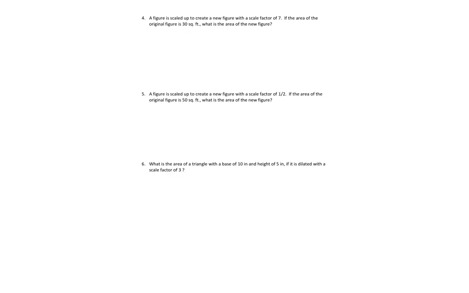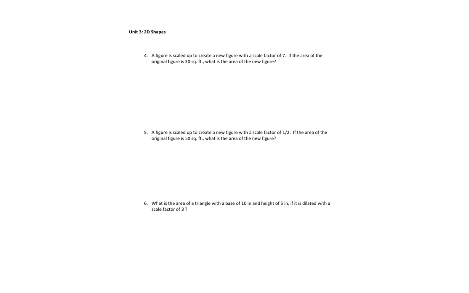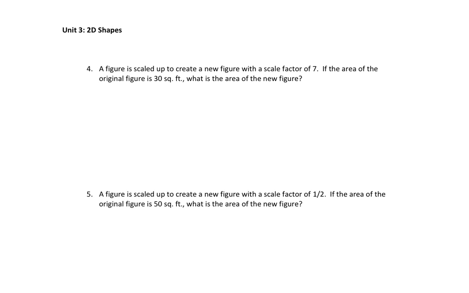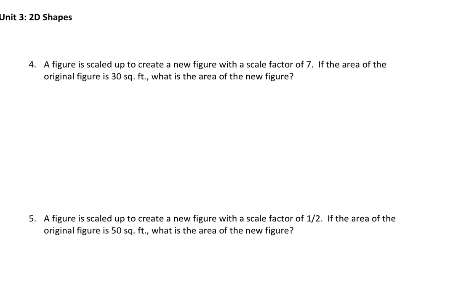Okay, so 4, 5, and 6, very similar in nature. I am looking for the new area. Okay, so let's see what piece of information I get for number 4. It says a figure is scaled up to create a new figure with a scale factor of 7. Okay, so it's telling you your scale factor right there, 7.